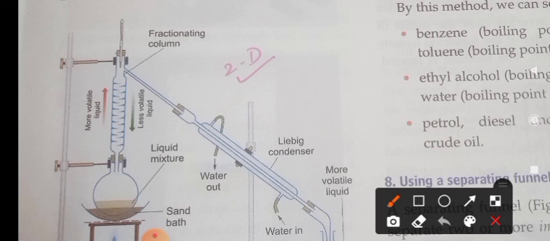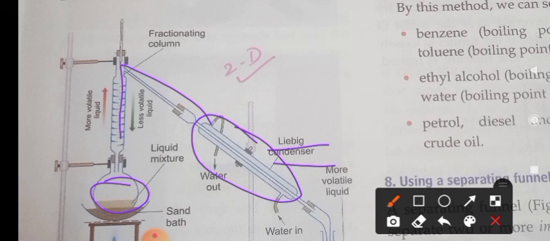The mixture is heated here in the distillation flask, and the more volatile liquid, that is, the liquid which has the lower boiling point, will evaporate first. Am I right? They enter into the Liebig condenser, get cooled down, and the liquid is collected in the receiver.